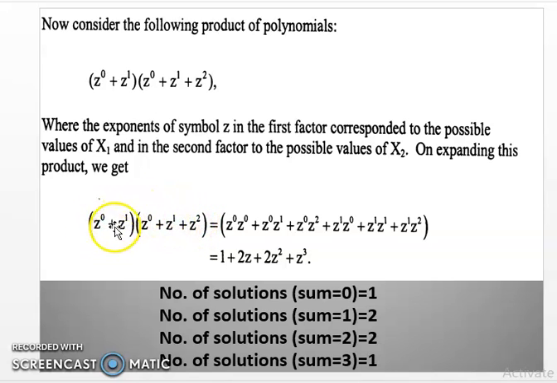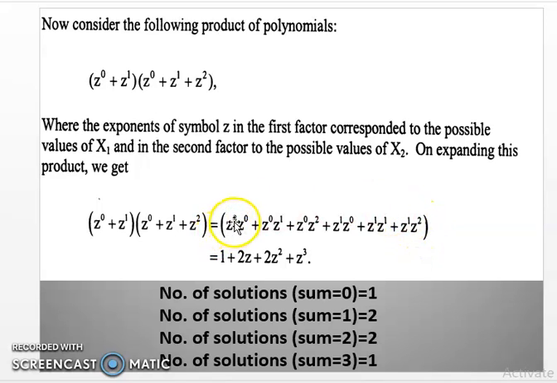When we multiply these two, z^0 multiplied by z^0 gives z^0 times z^0, plus z^0 multiplied by z^1 gives z^0 times z^1. Similarly, z^0 multiplied by z^2 gives z^0 times z^2. Next, the term z^1 in the first bracket multiplied by each term in the second bracket gives z^1 times z^0 plus z^1 times z^1, and the last term is z^1 times z^2.